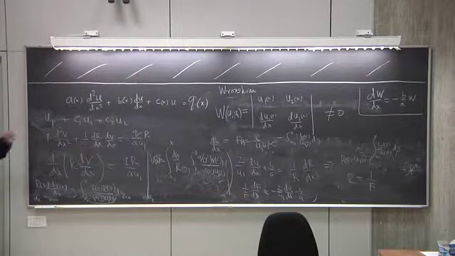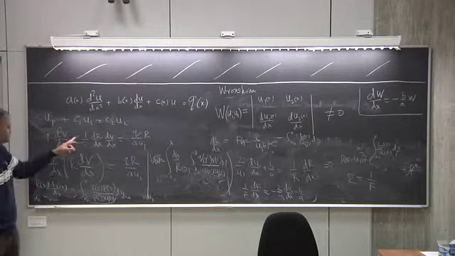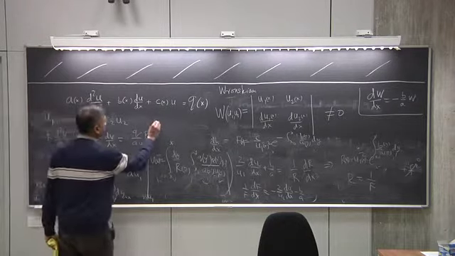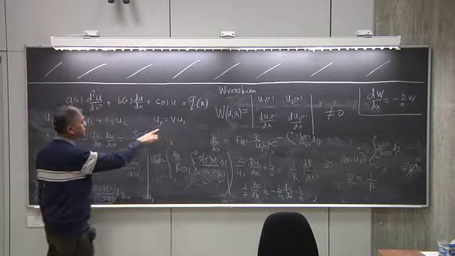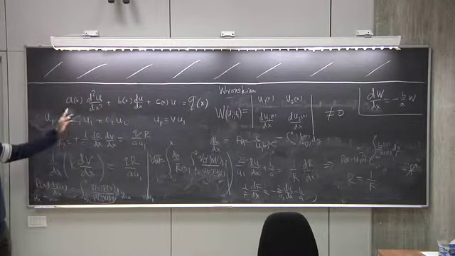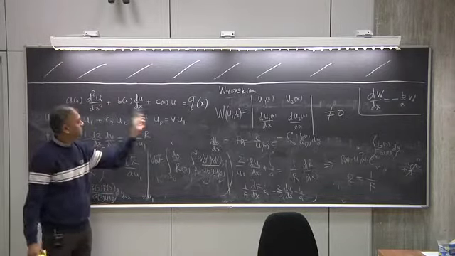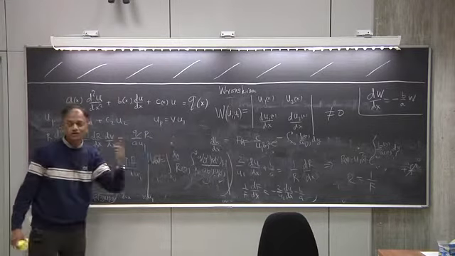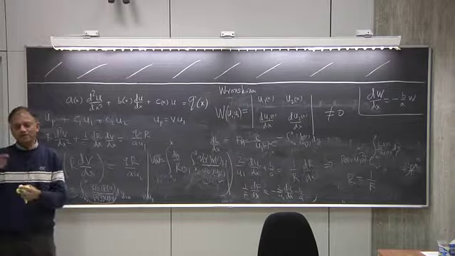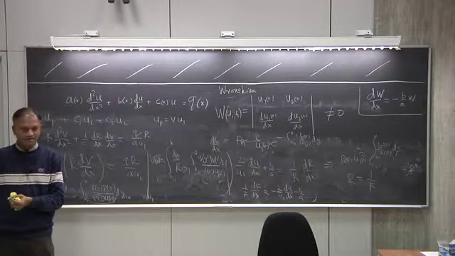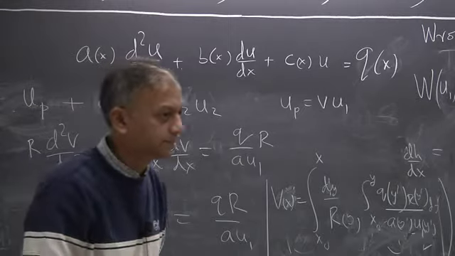The main strategy here is that when you express the solution as something times the solution of the homogeneous equation, you get a first order differential equation for dv by dx. Then you can solve for dv by dx, and once you know that, you solve for v. So this is the main method here.